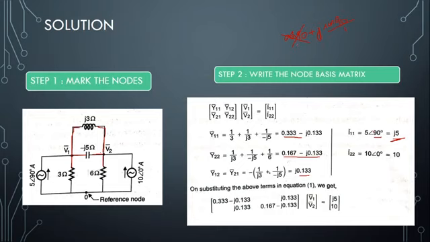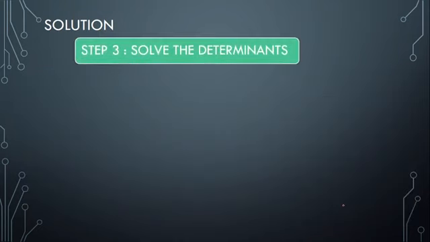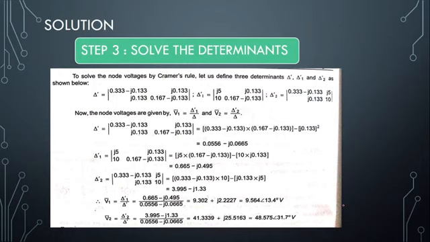Now substitute all these values in the above matrix. So we are substituting y11, y12, y21, y22 into V1, V2 is equal to the I11 value, which is j5, and the I22 value, which is 10. Now in the question we are asked to find the current through all the elements, I think. So we will first start by solving the determinant values, the voltage through all the branches.